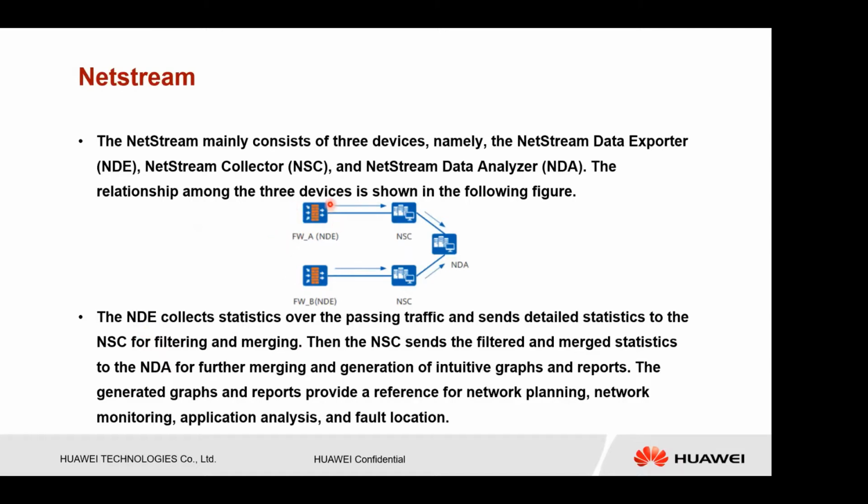So whatever traffic passes through this firewall or any other device, it will collect statistics and send the detailed statistics to the NSE for filtering and merging. Then the collector, the NSE, will send the filtered and merged statistics to the NDA, the data analyzer, for further merging and generation of intuitive graphs and reports. The generated graphs and reports will provide a reference for network planning, network monitoring, application analysis, or fault location in the network.